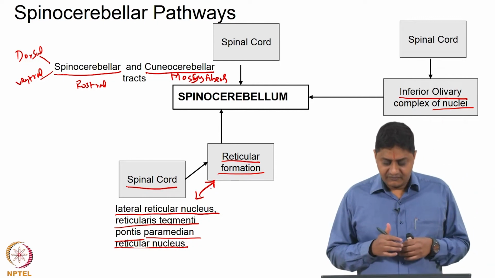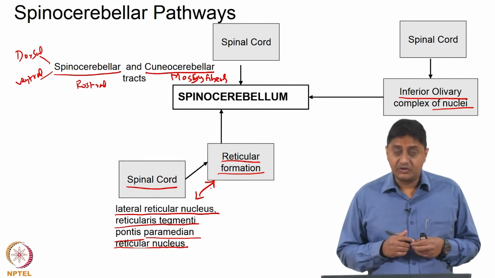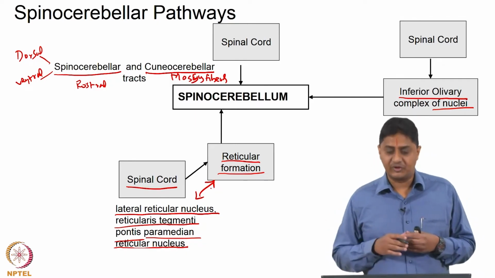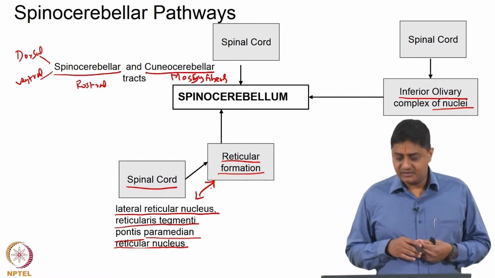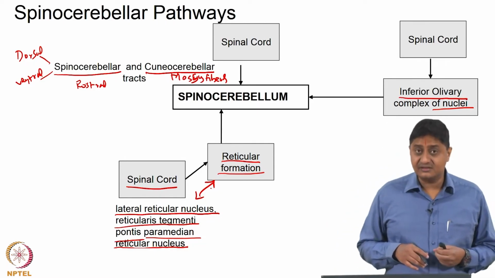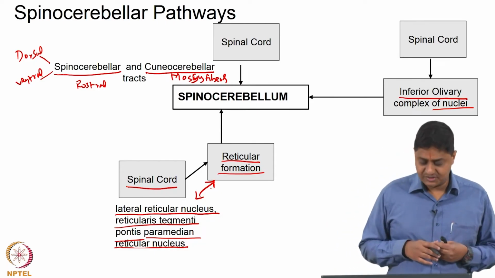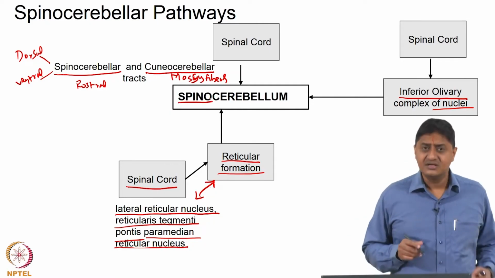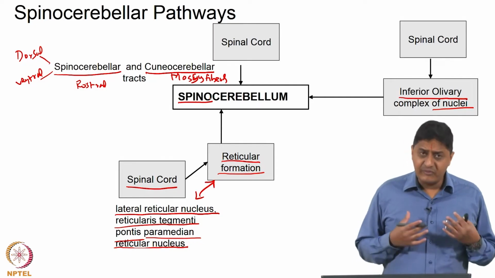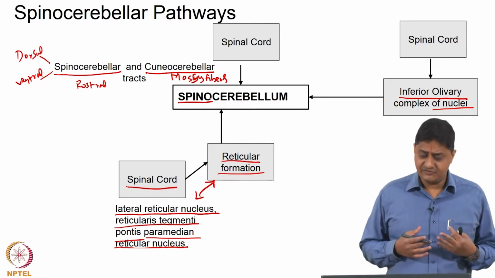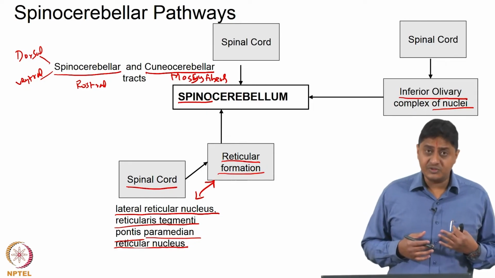And via the reticular formation, from spinal cord to reticular formation to the spinocerebellum, and via the inferior olive. So, these are the various inputs to the spinocerebellum. There is a reason why this is called the spinocerebellum, because it receives information from the spinal cord and processes this information and probably outputs to the spinal cord.